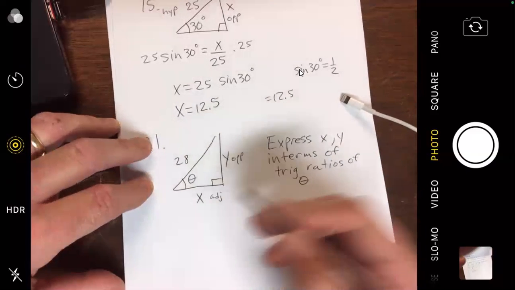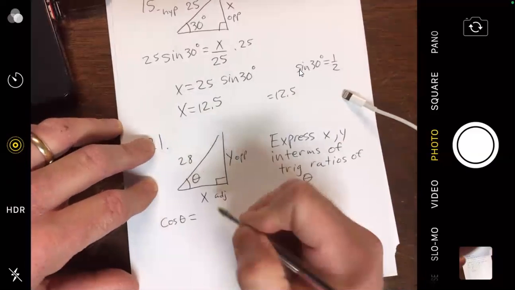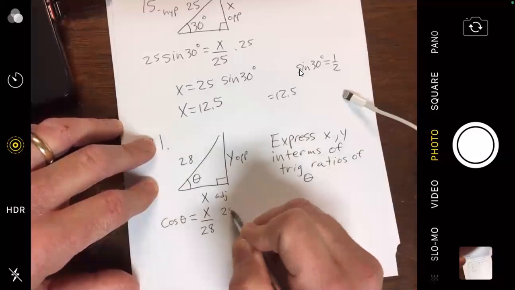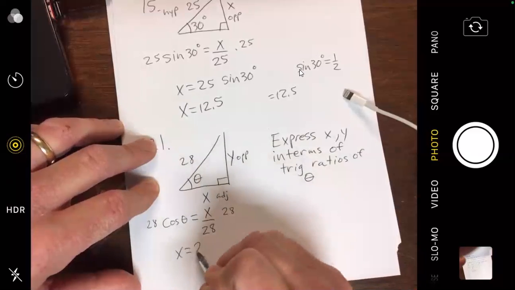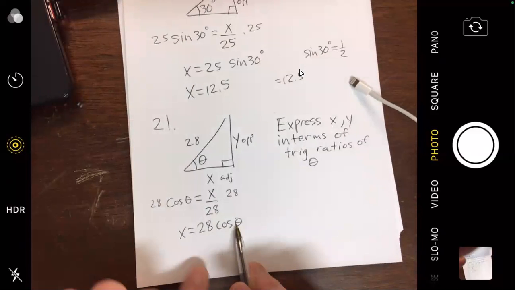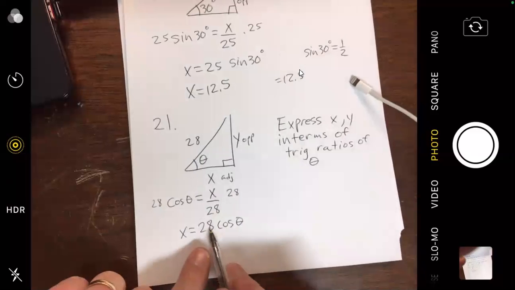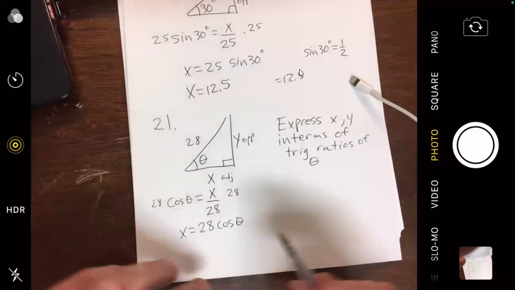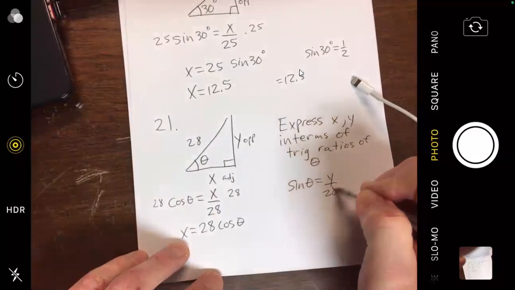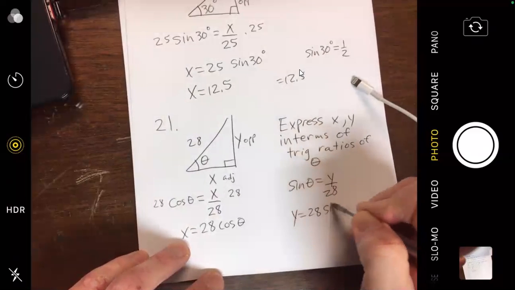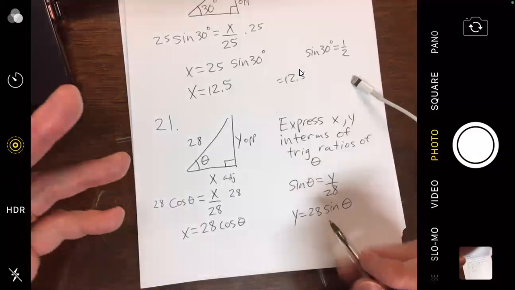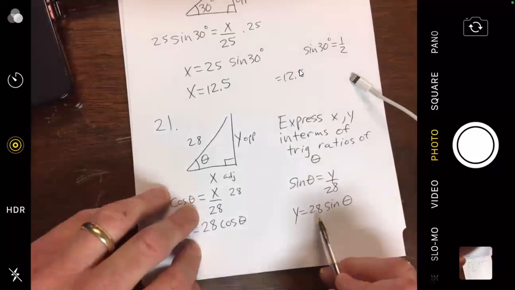You want to do X first, you'd have cosine of theta, adjacent over hypotenuse, X over 28. Multiply both sides by 28, and your X would be 28 cosine of theta. Notice a cosine of an angle gives you an X coordinate. It's the direct X coordinate. This is 1, a unit circle. This in effect is on a circle of radius 28. If I did sine of theta, Y over 28, then Y would equal 28 sine of theta. A sine of an angle gives you a Y coordinate. You can think of it that way. Coefficient is the radius of the circle you're on.